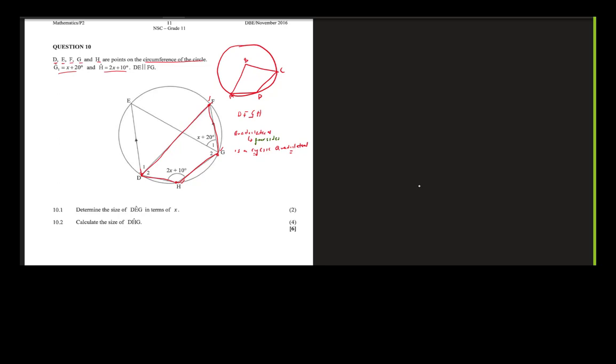Because it has got 4 sides. It is a quadrilateral. It has this side, this side, this side, this side. It is a quadrilateral. Amogelang, is it a cyclic quadrilateral? No. Good. Why?